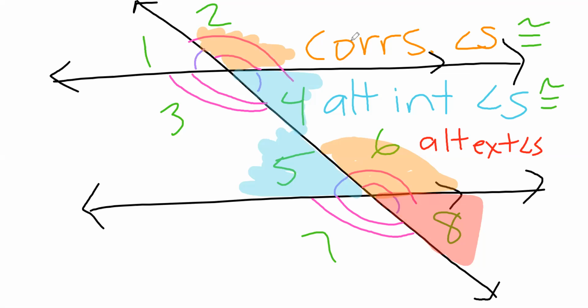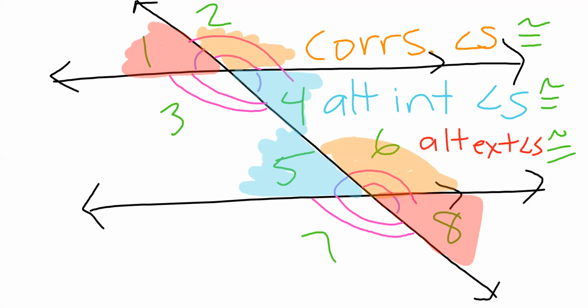Alternate exterior angle would be opposite side of the transversal, outside of the parallel lines. That would be number 1. That is our alternate exterior angle with number 8. Those are alternate exterior angles. You can also see that they are also congruent, right? They are both the purple one. So alternate exterior angles are congruent.